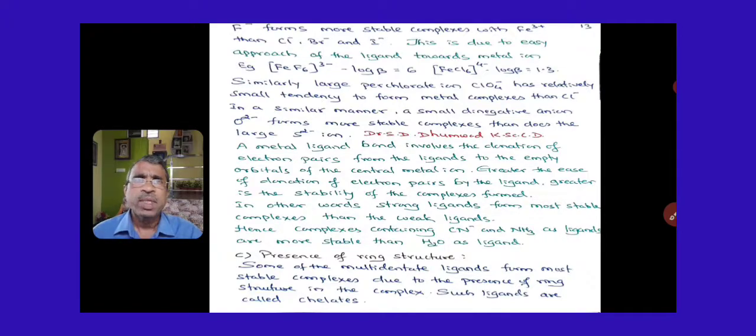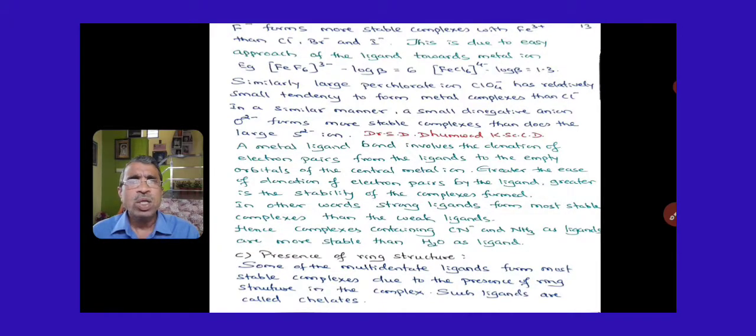So in general, a metal ligand bond involves the donation of electron pairs from the ligands to the empty orbitals of the central metal ion. Greater the ease of donation of electron pairs by the ligand, greater is the stability of the complexes formed.